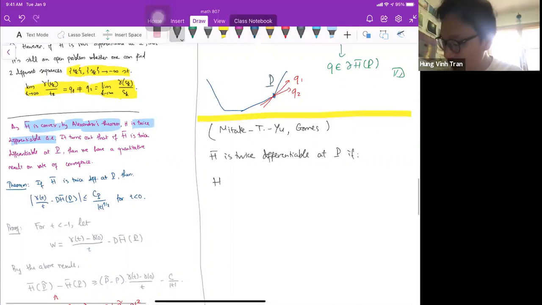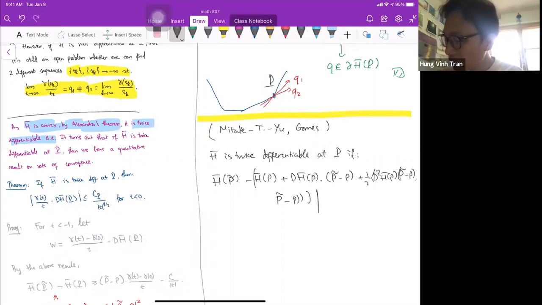So you would have h bar of p tilde minus h bar of p plus dh bar p dot with p tilde minus p plus 1/2 d square h bar applied to p tilde minus p, p tilde minus p. That whole thing is going to be less than or equal to little o of |p tilde minus p| squared. Right? That's the Alexandrov theorem.